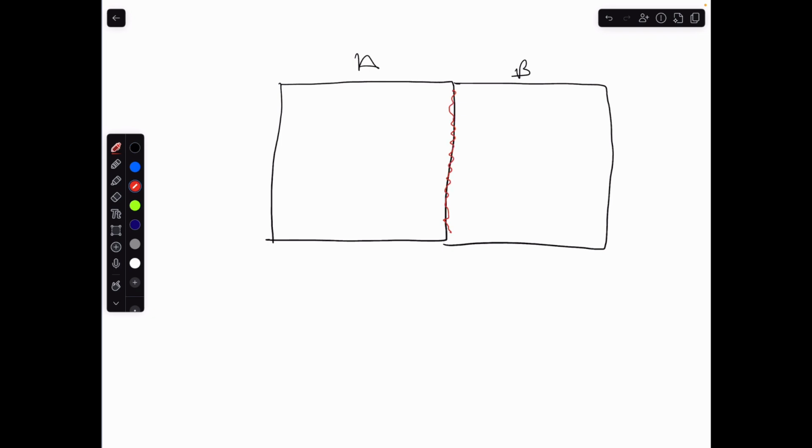Now what we do is we add cations and anions in both compartments. Now we add a molecule X, that is an anion.